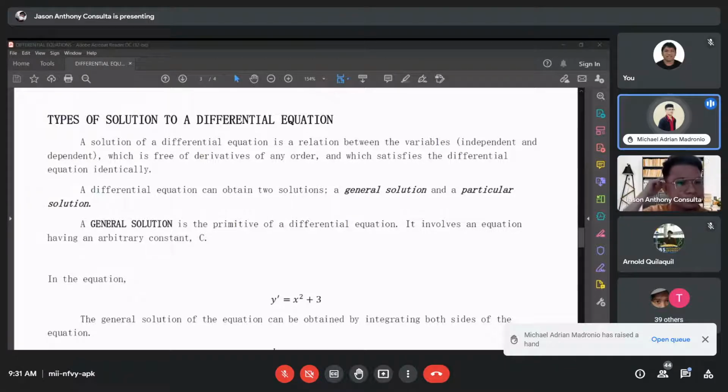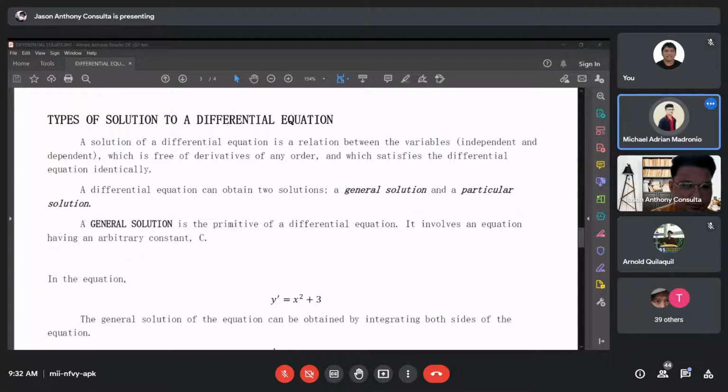Y prime is equal to x squared plus 3. Para yung y prime, sir, gagawin natin dy over dx. So yung equation po magiging the derivative of y with respect to x is equal to x squared plus 3. Then ililipat po natin yung dx sa kabila. So multiply both sides by dx, maka-cancel po sa left side yung dx.